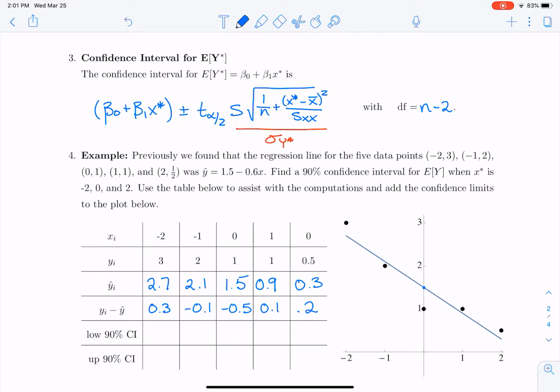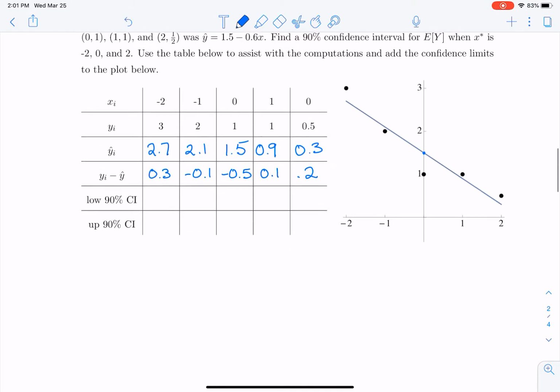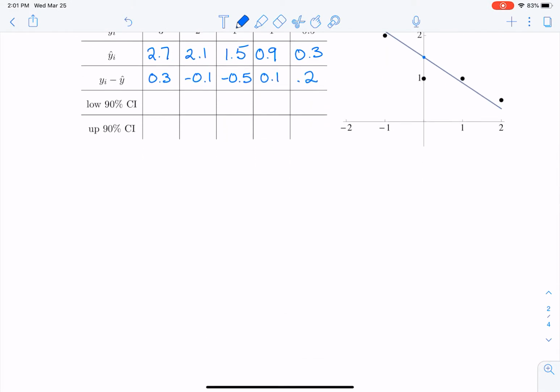Okay, so I'm going to use those residuals to help me compute the sum of the squares of the error. So the sum of the squares of the error is the sum from i equals 1 to n of (y sub i minus y hat) squared.